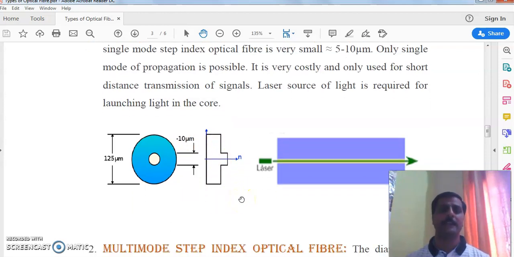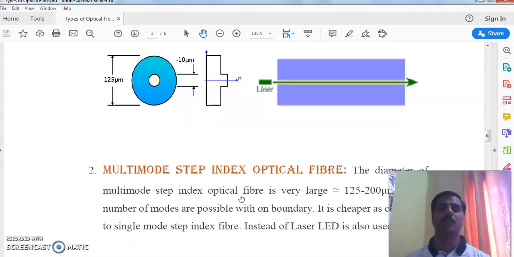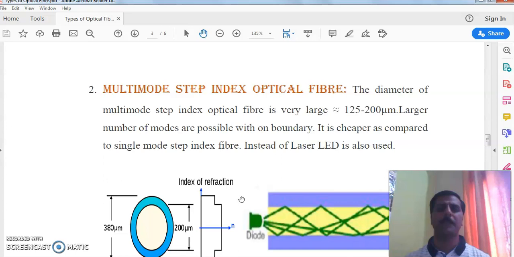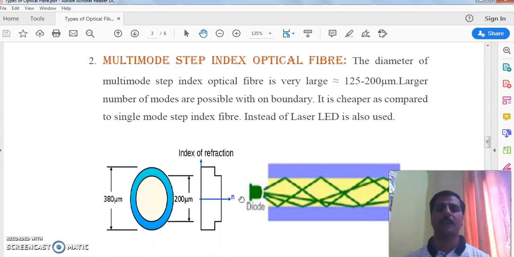And second is multimode step index optical fiber. The multimode step index optical fiber is a fiber having a core diameter that is large in comparison to the single mode step index optical fiber, in which, as we already discussed, the core region has a diameter of only 5 to 10 micrometer.